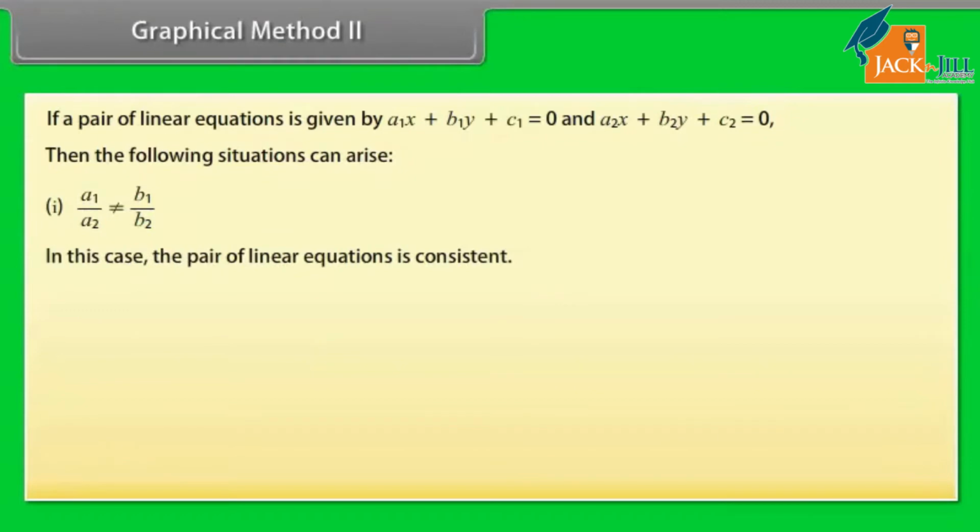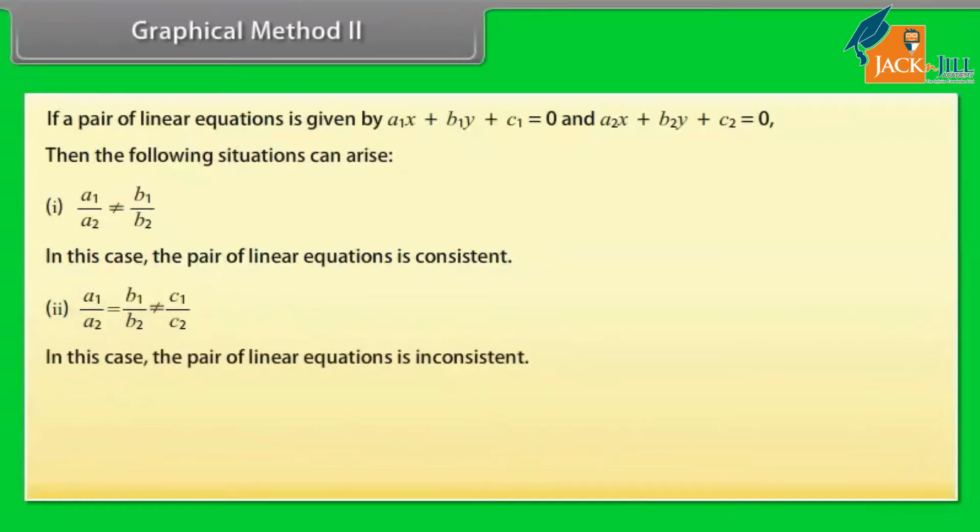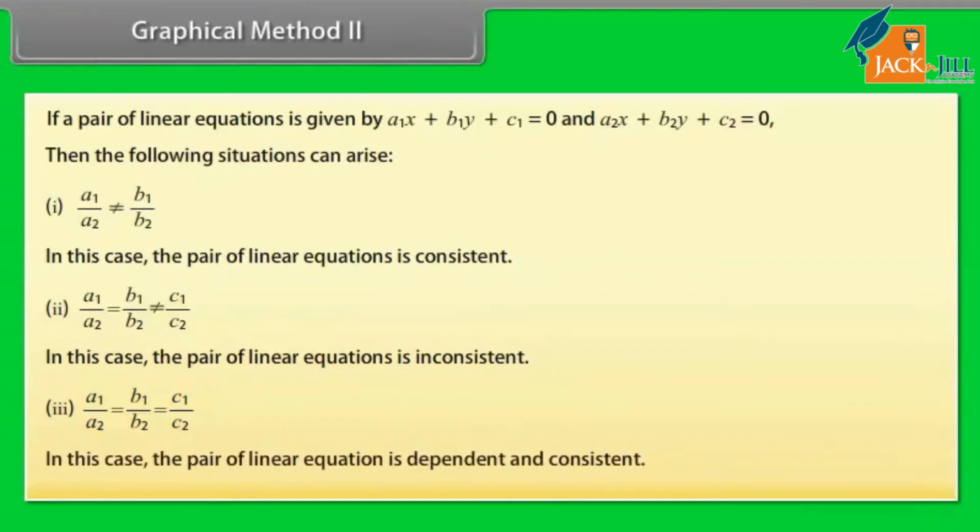In this case, the pair of linear equations is consistent. 2. a1 upon a2 is equal to b1 upon b2 is not equal to c1 upon c2. In this case, the pair of linear equations is inconsistent. 3. a1 upon a2 equals b1 upon b2 equals c1 upon c2. In this case, the pair of linear equations is dependent and consistent.